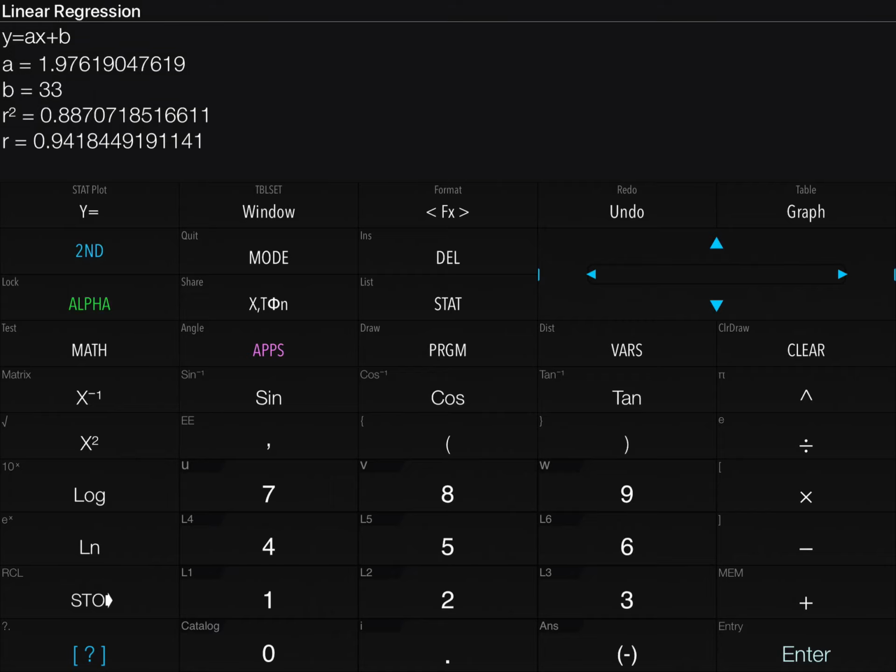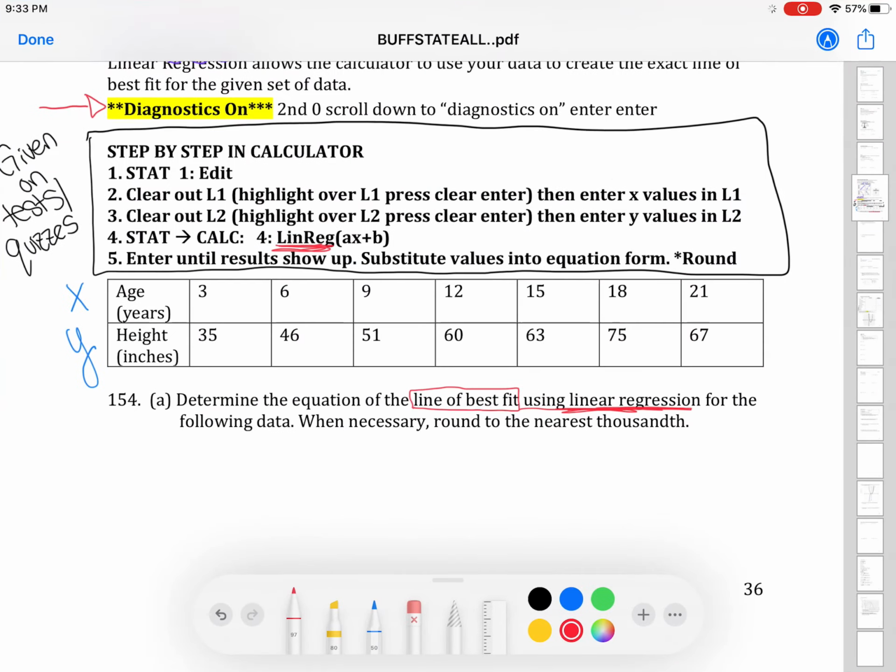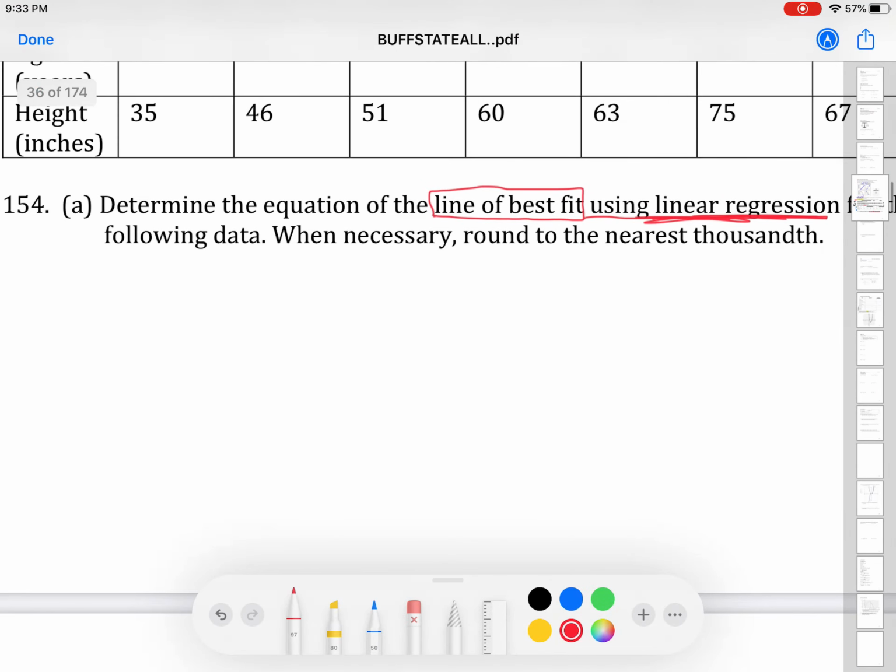Now focusing on this screen, I have y equals ax plus b at the very top. That should sound very familiar to you. I know we haven't used ax plus b, but we were using y equals mx plus b. The calculator just uses a instead. It's no big deal, but it's the same type of equation and the same idea where a, in this case, where m should be, is our slope and b is the y-intercept. Okay, so ignoring the r values for now. We'll get into that a little bit later.